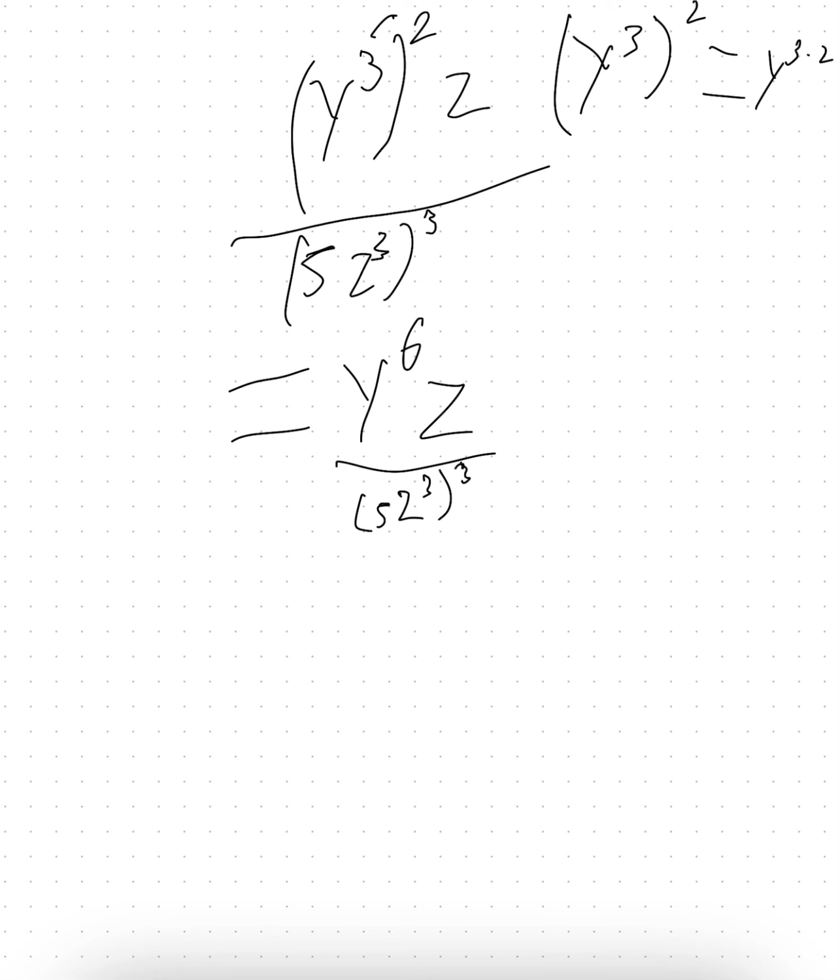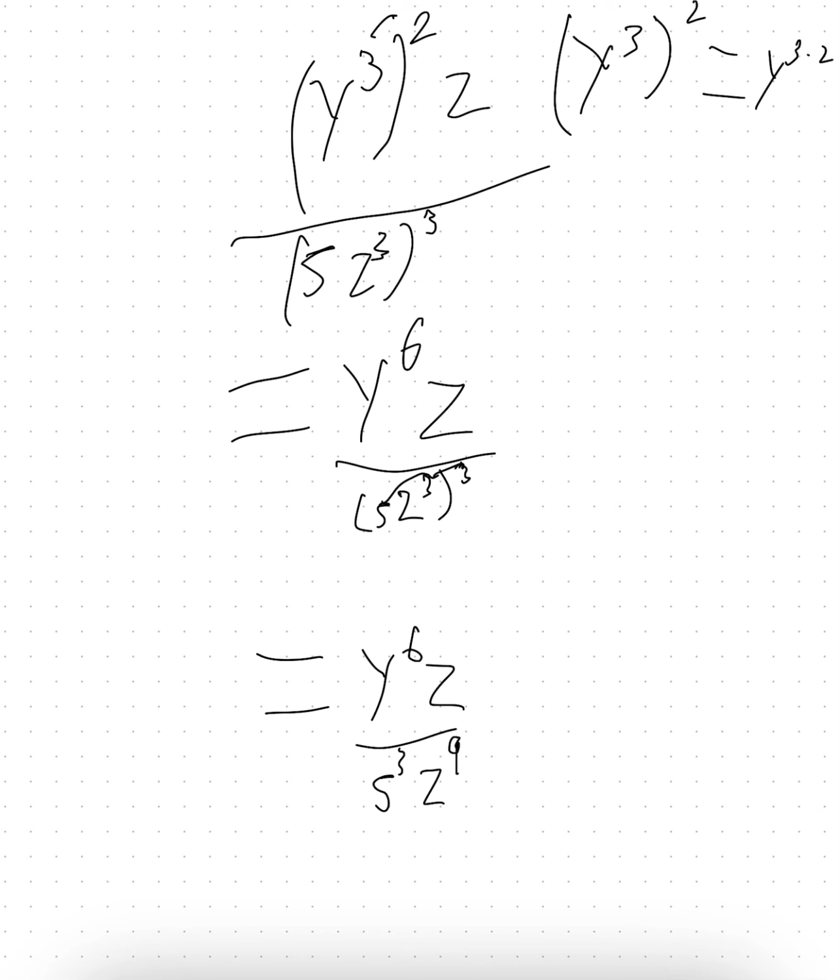How do we simplify that? Well, we can just drag the exponent in when we multiply numbers, okay? With our product property. So that's y to the 6 z over 5 to the 3rd z to the, now we have z cubed raised to the 3rd power. So that's 3 times 3, which is 9.